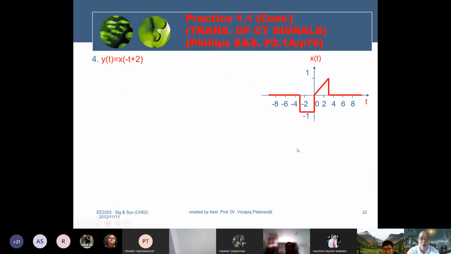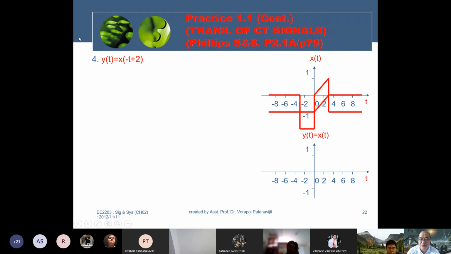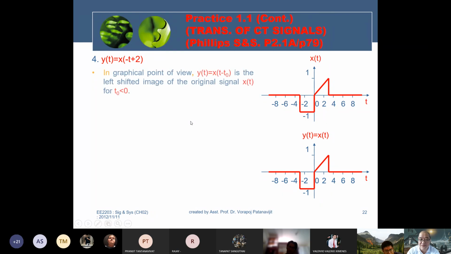Next one, y(t) equal to x(-t+2). Minus represents time reversal. Plus 2 represents time shifting. If you have both of them, you must take time shifting first. From the graphical point of view, y(t) equal to x(t - t0) is the left shift image of the original signal x(t) for the case that t0 is less than 0, or negative.